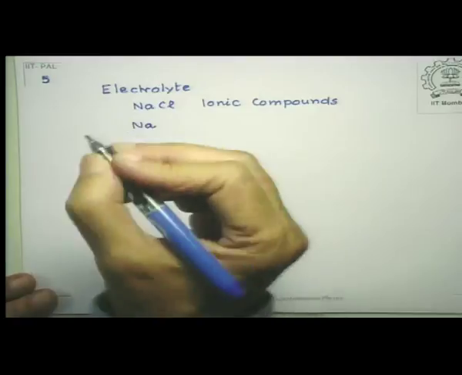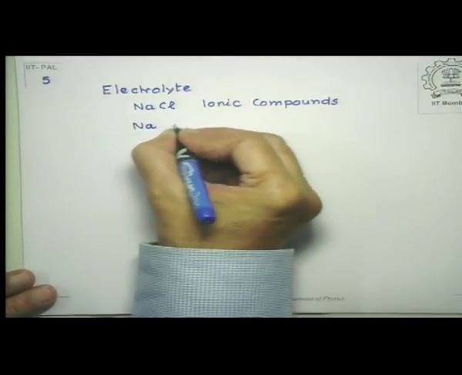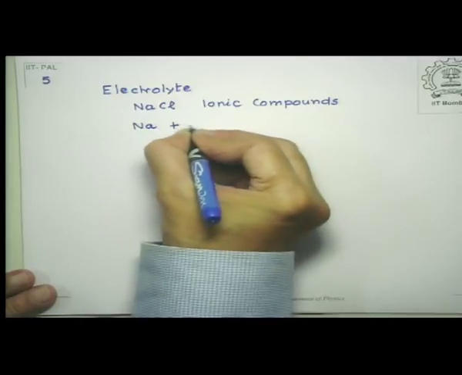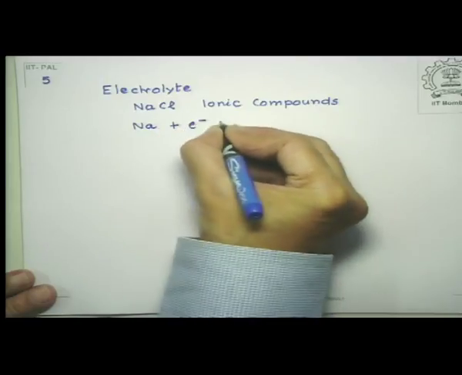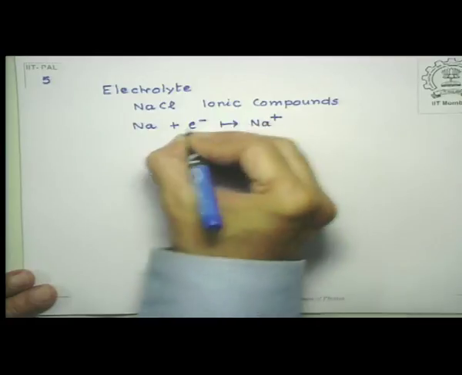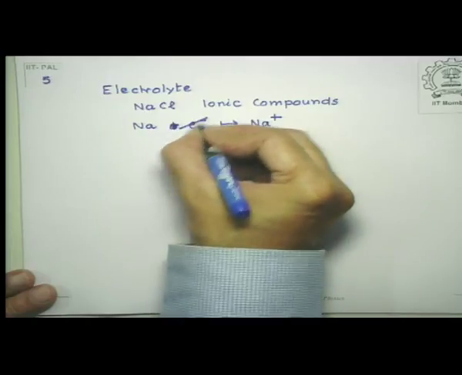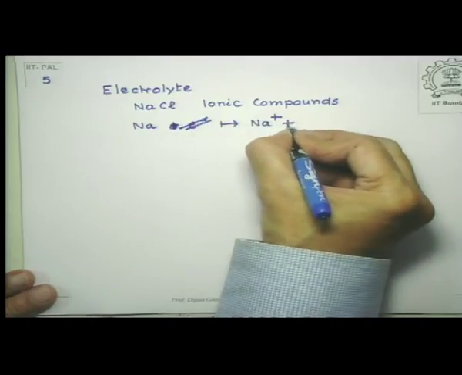And when sodium lost an electron, this is one example which you might have seen there. So basically what happens is that it actually loses an electron and thereby becomes a sodium plus. So I should probably write it as Na minus electron gives Na plus, and an electron.